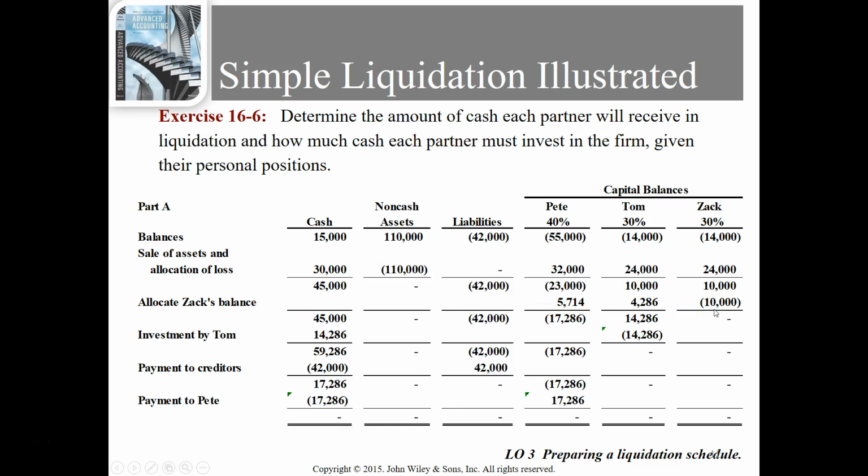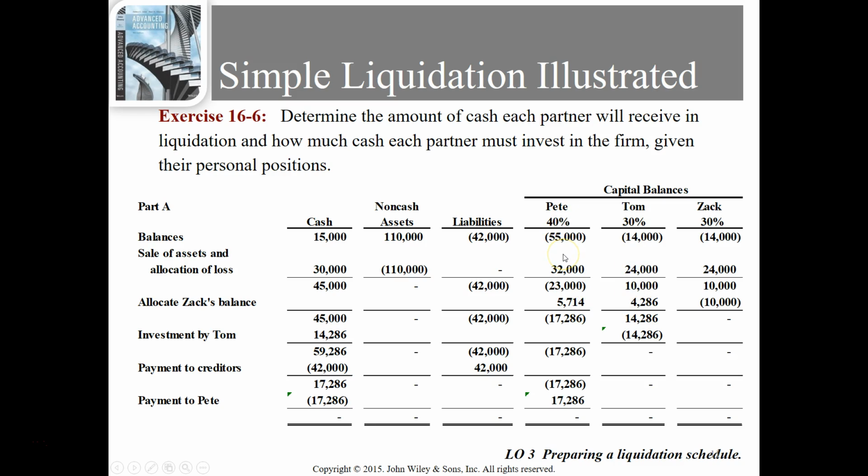We're going to allocate Zach's balance between these particular partners in their remaining ratio. So right now, all that is left is 40 and 30, which again total to 70.